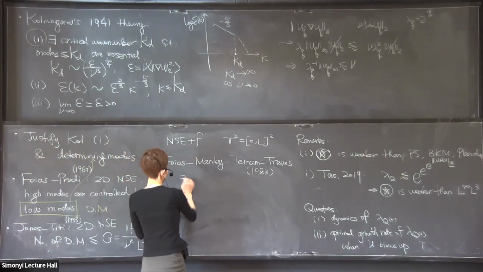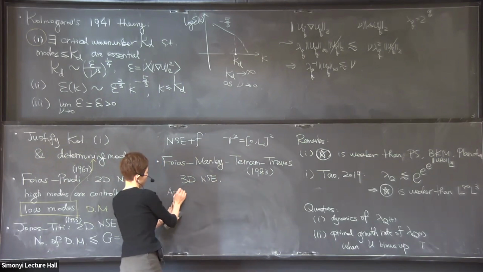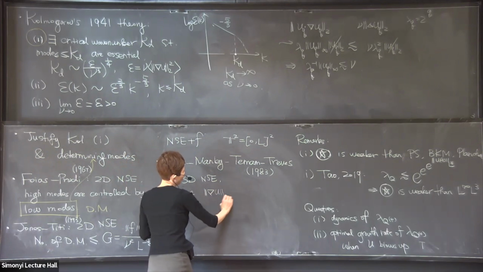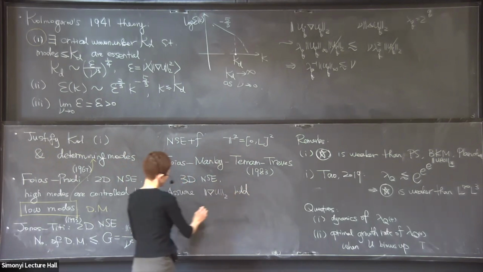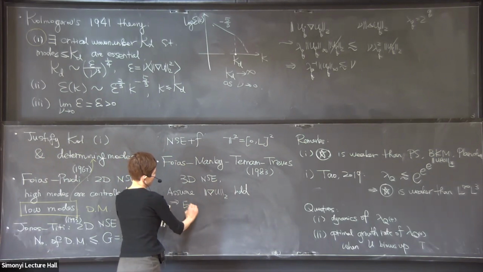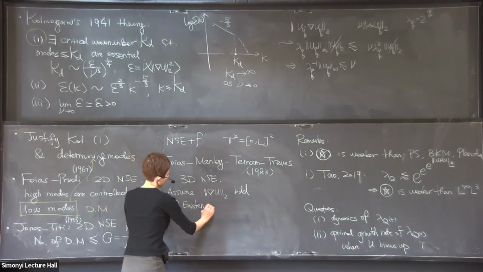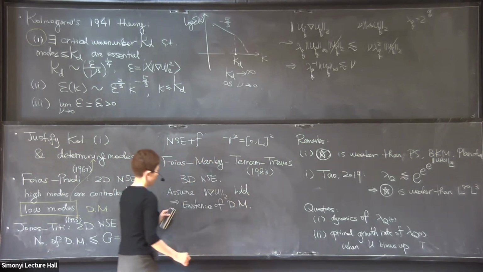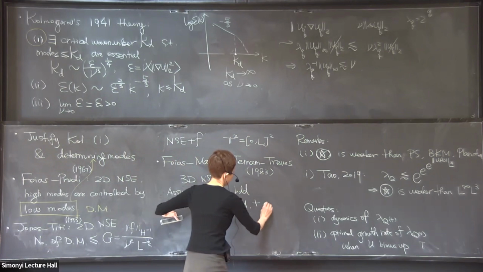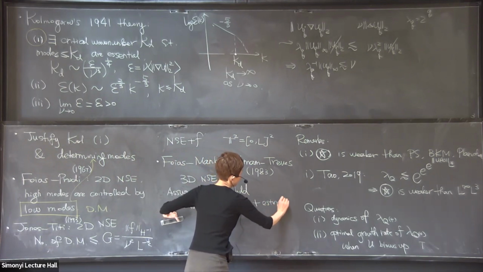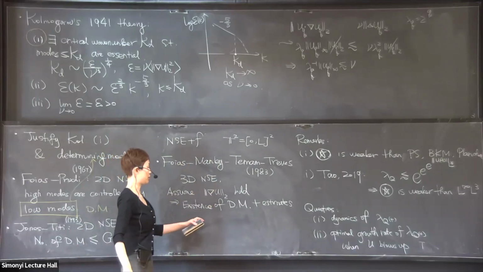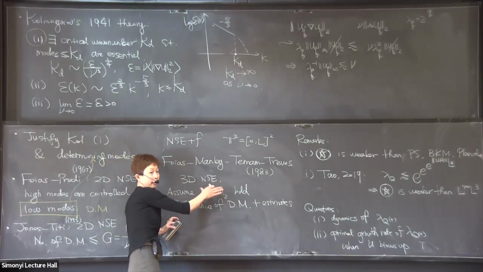So in 3D, assume the H1 norm is bounded, then they showed the existence of determining modes, and they gave estimates on the number of determining modes in terms of the higher norm.